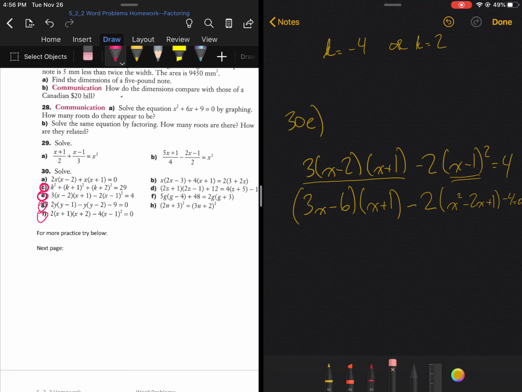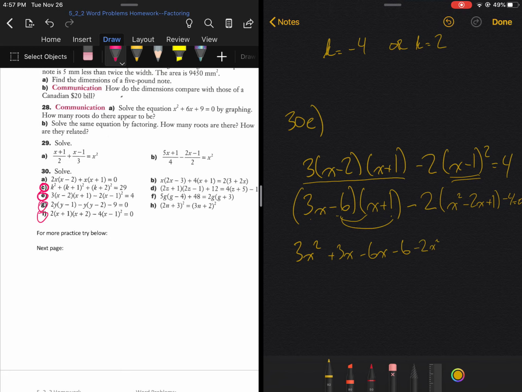The first terms are 3x and x. 3x squared. The outside terms, 3x times 1 plus 3x minus 6x, and then minus 6.